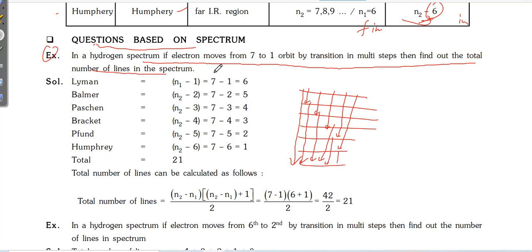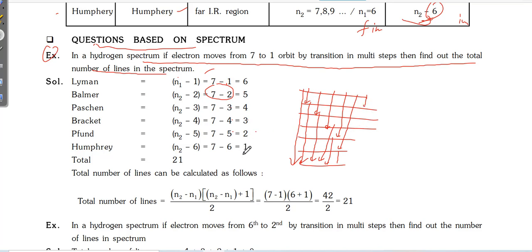6 lines are there. Simply I can write the formula n minus 1. Coming to the first shell, suppose for coming to the second shell 5, coming to the third shell 4, coming to the fourth shell 3, coming to the fifth shell 2, coming to the sixth shell only 1 probability.